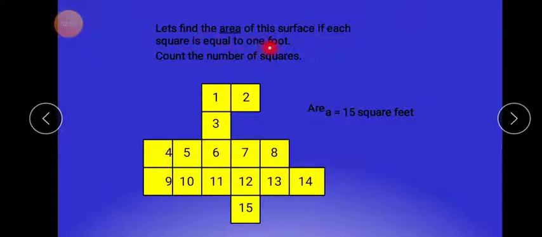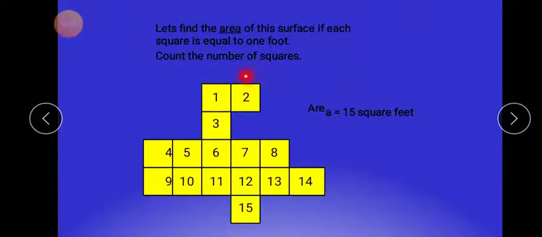Let's find the area of this surface if each square is equal to 1 foot. As you can see, there is one diagram where we have some squares. We have to find the area of this whole figure. How to find it? We have to count the number of squares.